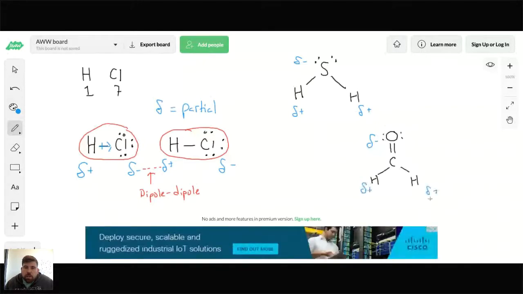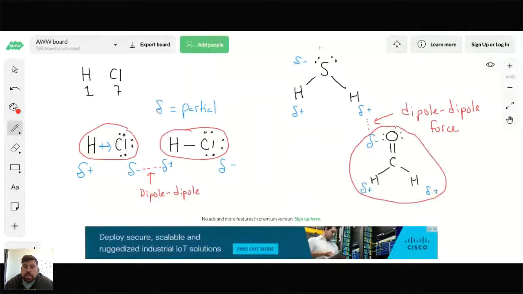The way this molecule would orient itself is such that the negative oxygen will come and orient itself near the positive hydrogen of the other molecule. And once again, this here is still called a dipole-dipole force. This is showing how this one molecule here is attracting another molecule over here.